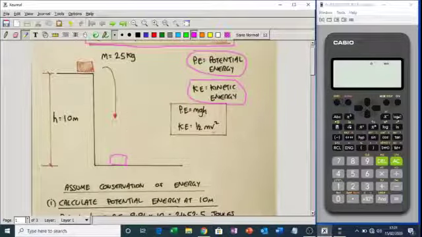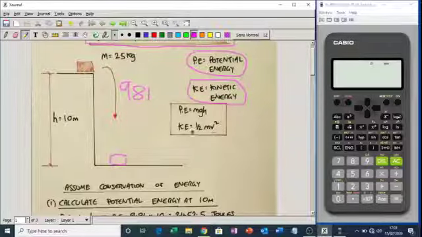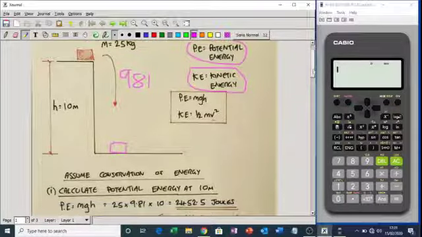So we've got an example here of an object 10 meters up and it's 25 kilograms. We've got to calculate the potential energy at 10 meters. The formula for potential energy is mgh, where m is mass, g is acceleration due to gravity, which is 9.81 meters per second squared, and height is the height in meters.